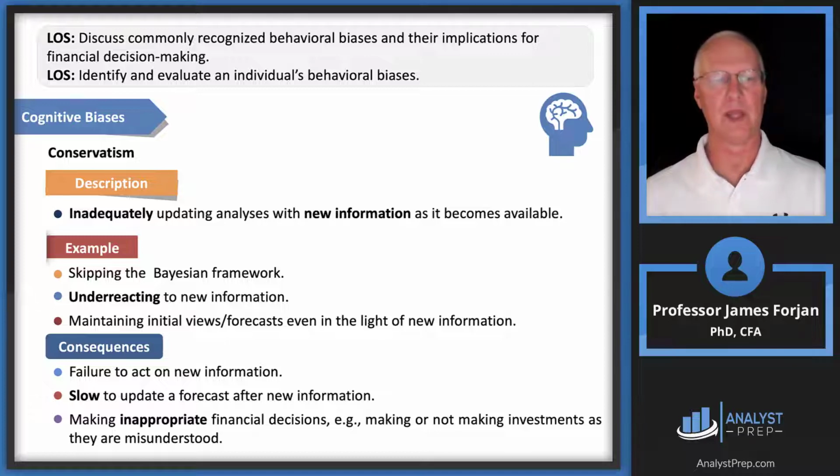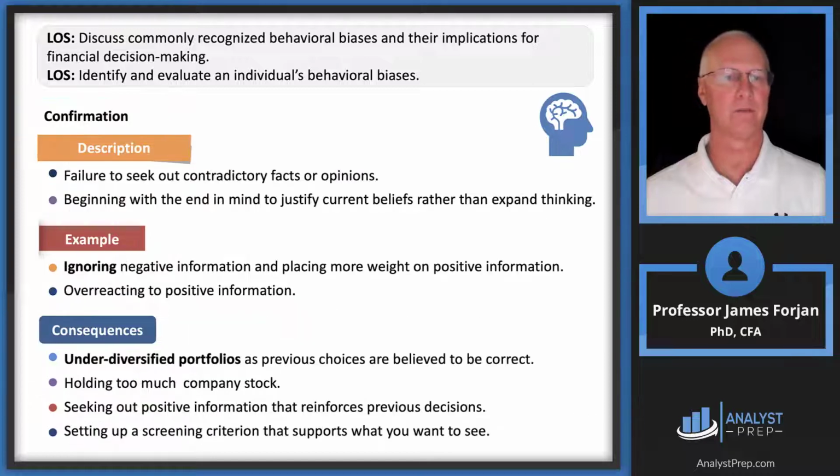So this makes sense. Failure to act, slow to update, and then this is probably the important one, making inappropriate financial decisions. Because, boy, if Milton Hershey doubles its operating cash flow and we expect it to have a 70% chance of increasing its dividend, boy, we need to make that decision today before that dividend announcement is made next week.